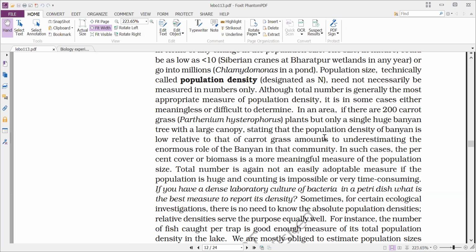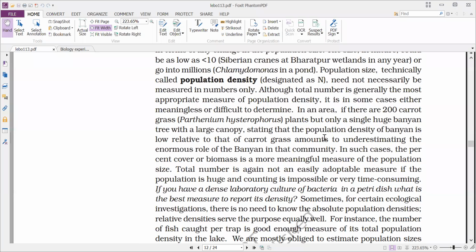Okay, total number is again not an easily adaptable measure if the population is huge and counting is impossible or very time consuming. For example, if you want to study the population density of a microscopic alga like Chlamydomonas growing in a pond, there is a huge number of Chlamydomonas.